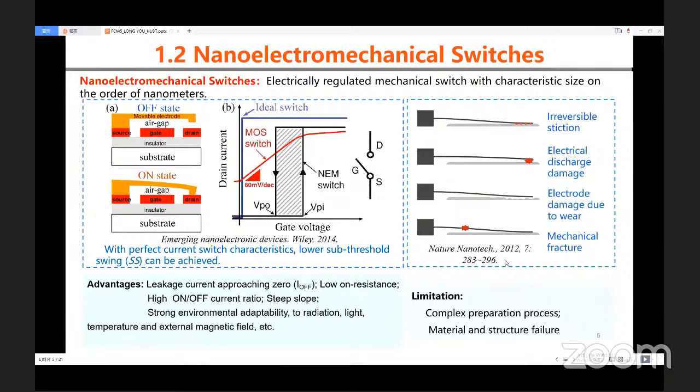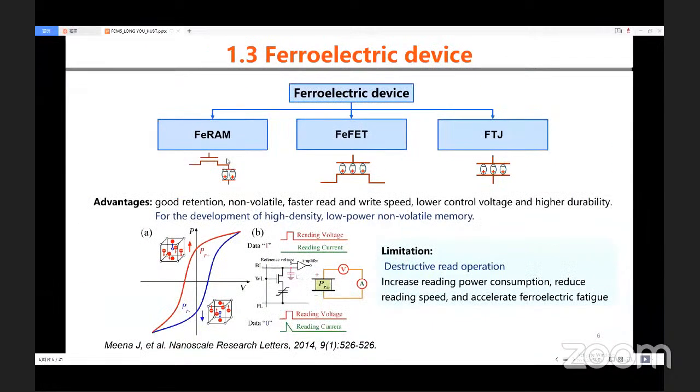Piezoelectric oxides utilize polarization switching to construct functional devices by voltage control, offering great advantages in non-volatility, scalability, and energy efficiency. To date, diverse piezoelectric devices have been developed and extensively investigated, such as piezoelectric capacitor memory, piezoelectric field effect transistor, piezoelectric tunnel junction, and so on.